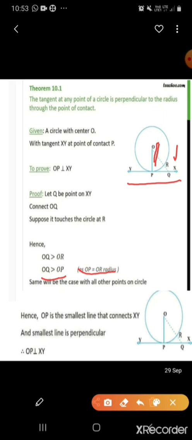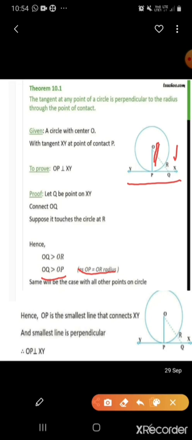The same will be the case with all other points on the line. Here we considered one point. If we consider any other point on the line, we get the same result. OP is always less than the other line segment. So what we get now is that OP is the smallest distance, or smallest line, from the point O to the line XY.